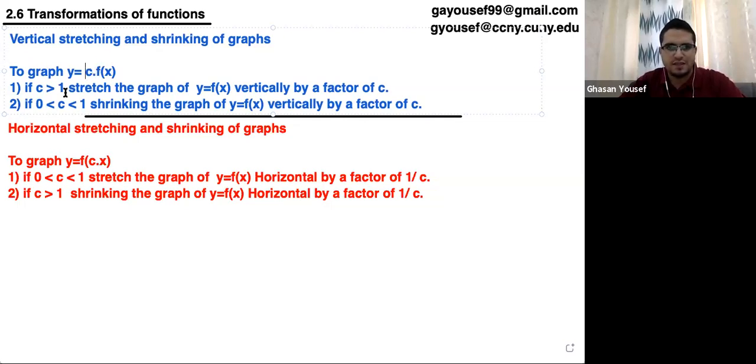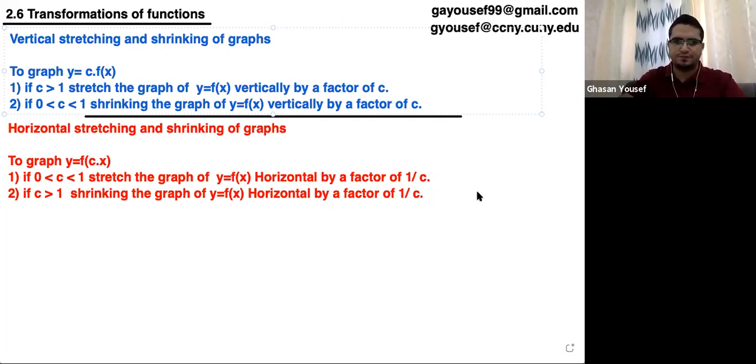If this c is greater than 1, like 2, 3, 4, the function will be a stretching of the original function y equals f of x. And the stretching will be vertical because the c is outside the function. If the c is between 0 and 1, we're going to do shrinking of the function, again vertically.